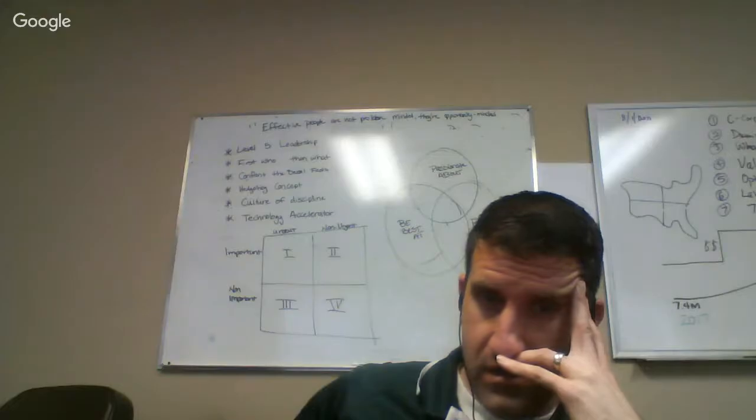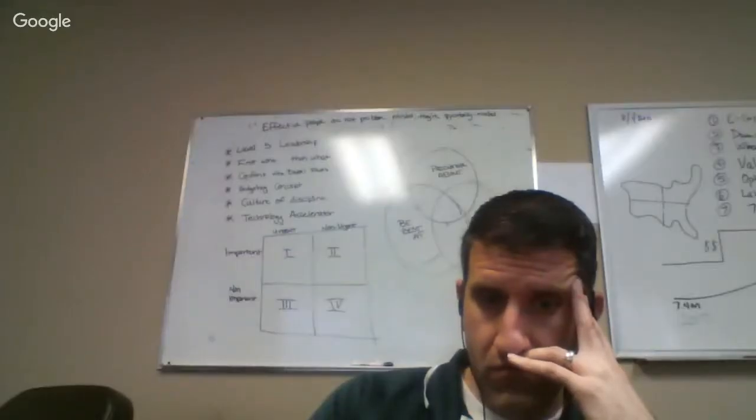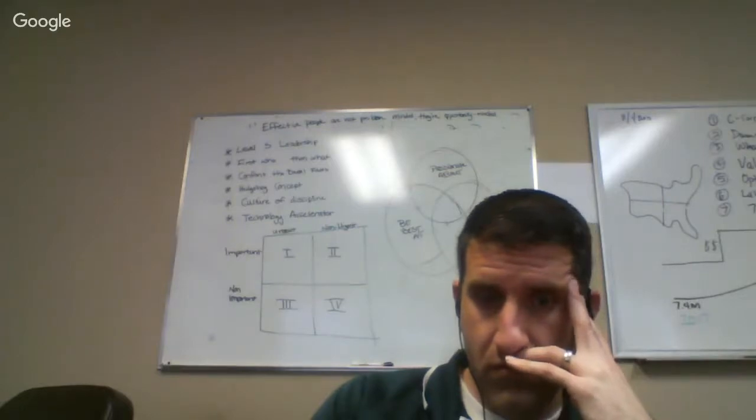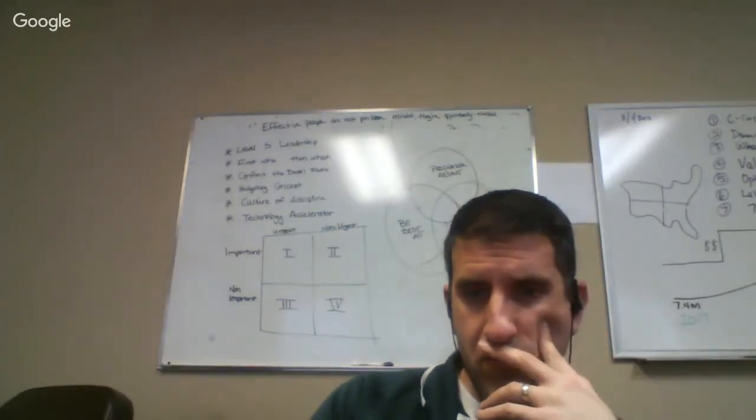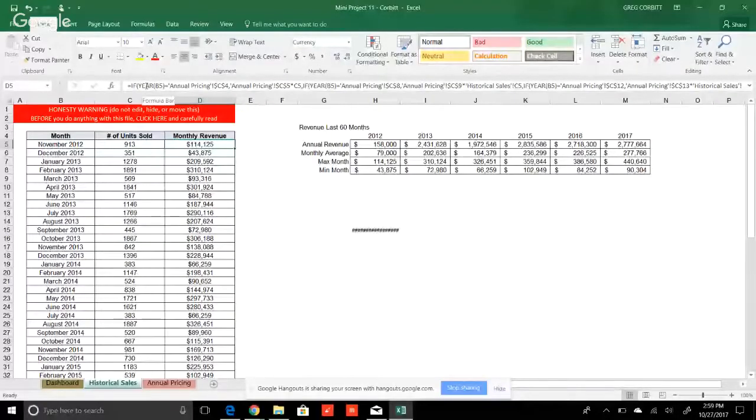Yeah. So it's based on the year. Uh-huh. Here, let me show you. So here's my formula for it. Based on the year, it'd be 5 on the annual pricing and that, and I just keep dropping it on down. So it's dependent completely upon the year.